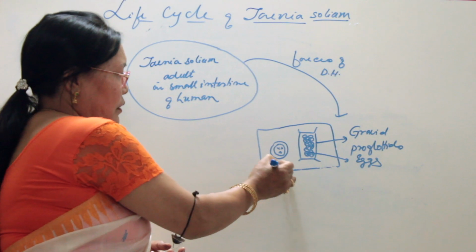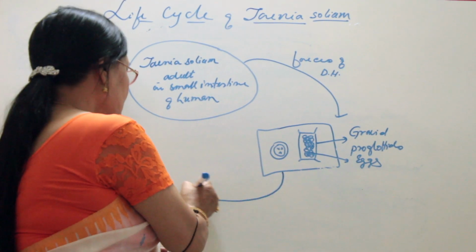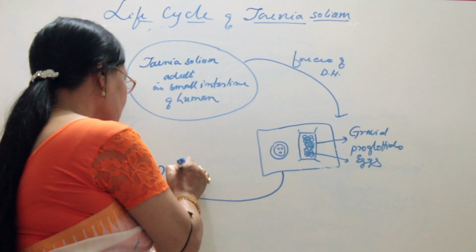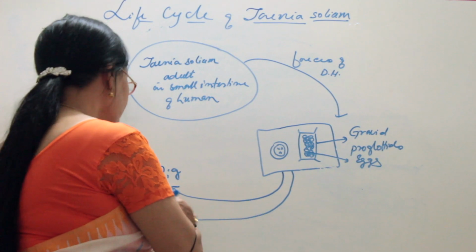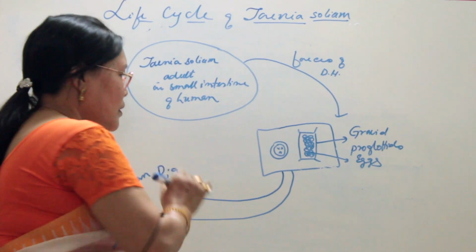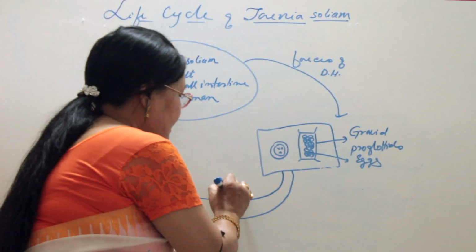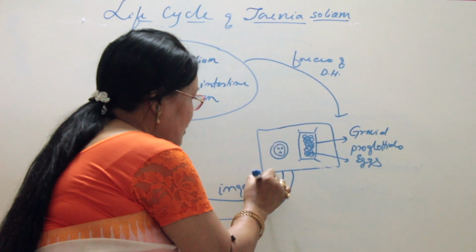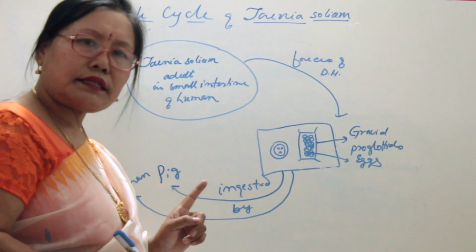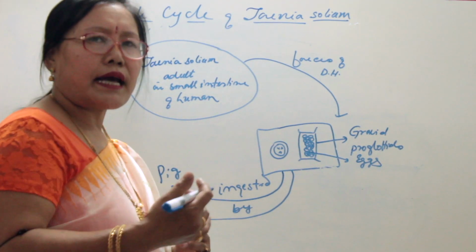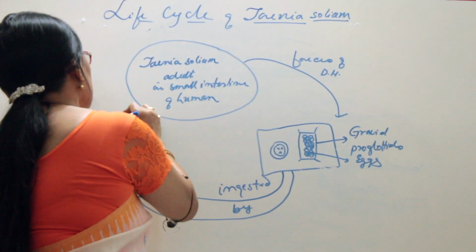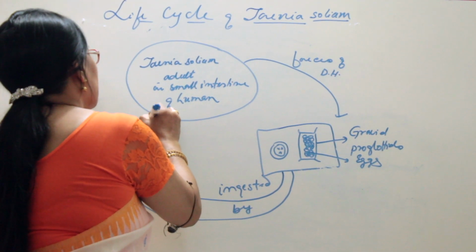So, when this is ingested by a pig, or it can also be ingested by a human itself, then inside the body it develops into an oncosphere larva.